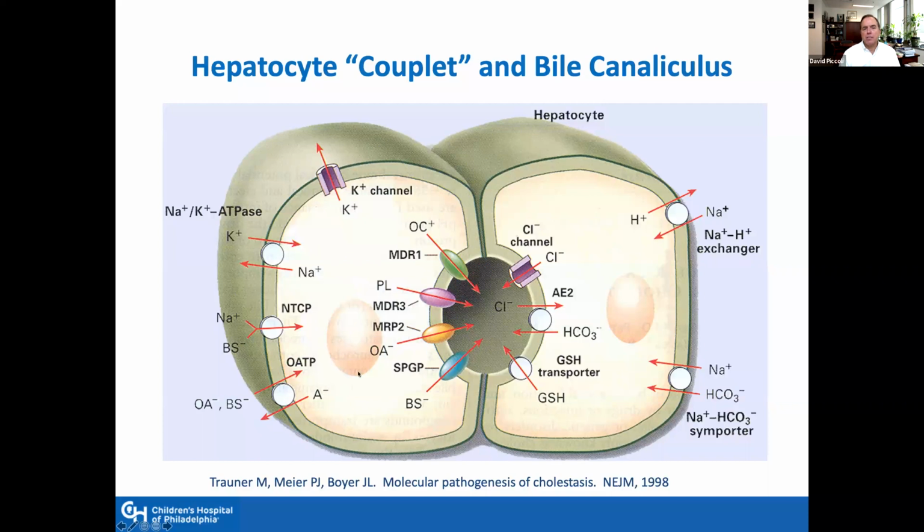And then the liver cell processes these things. And then the liver has a number of pumps that push things in one direction into this canaliculus. And this canaliculus is the smallest diameter, smallest part of this entire biliary drainage tree that does all kinds of amazing things.